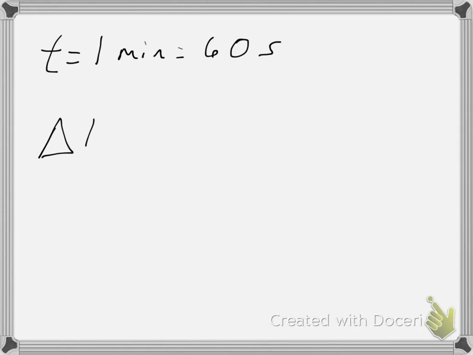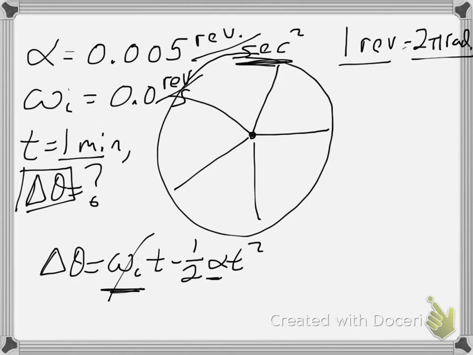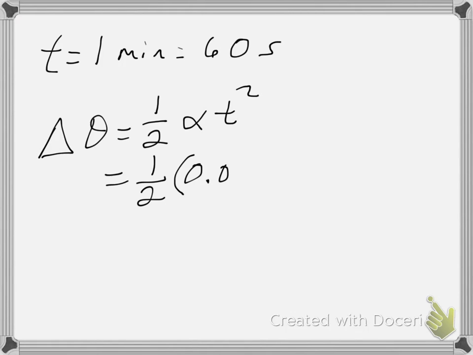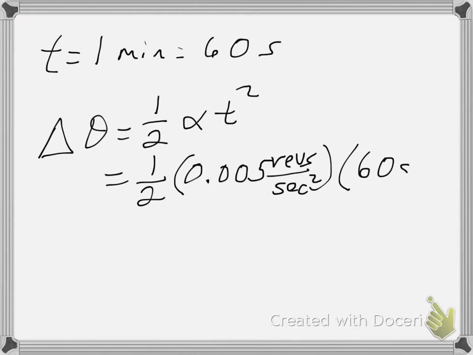Our equation is now going to read, because we were able to drop this term, we're just left with 1/2 alpha t squared, which is 1/2 times 0.005 revs per second squared times our time of 60 seconds squared.